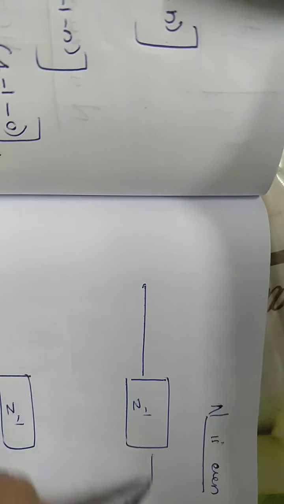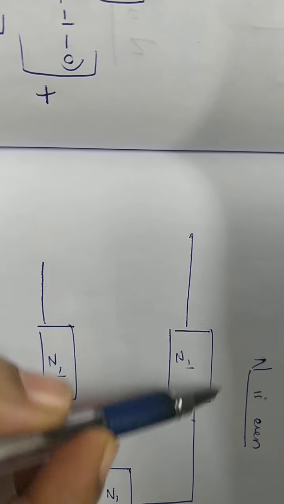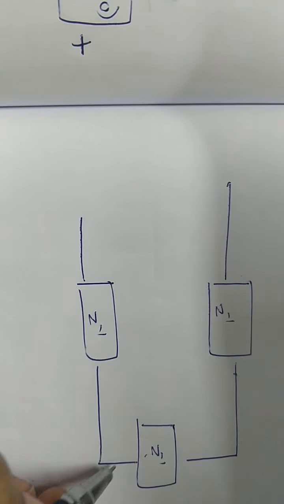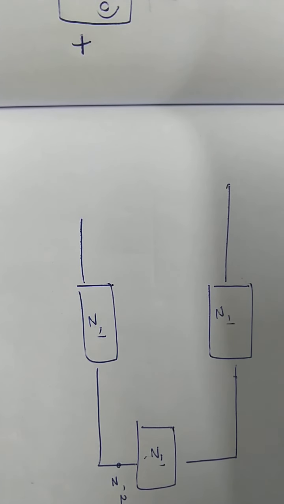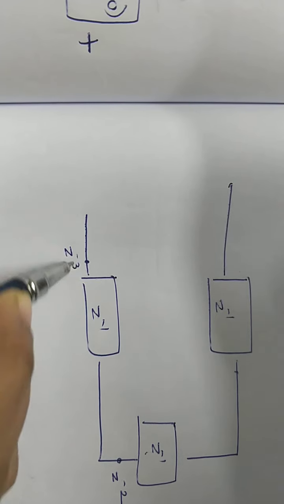First case, here the output is z raised to minus 1. If z inverse into z inverse, here the output is z raised to minus 2, which is multiplied by z inverse, and here the output is z raised to minus 3.